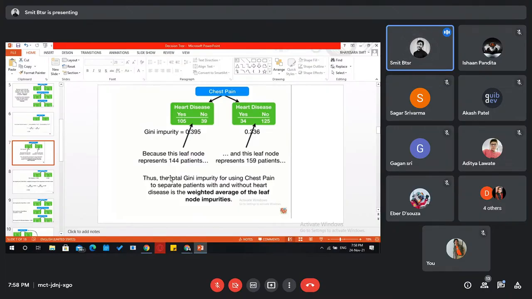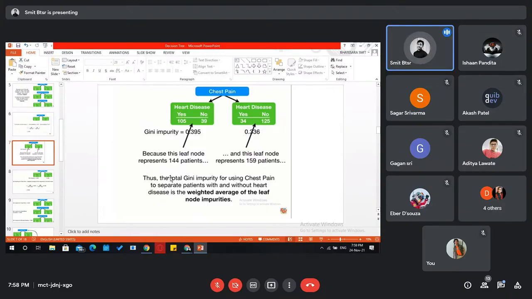As we see, there can be chest pain or there may not be any chest pain. So for determining the whole relationship between heart disease and chest pain, we first calculated the two parts of chest pain, like after there is heart disease and after there is no heart disease.